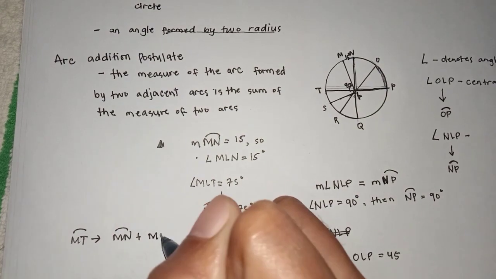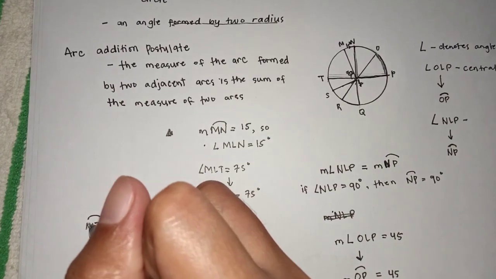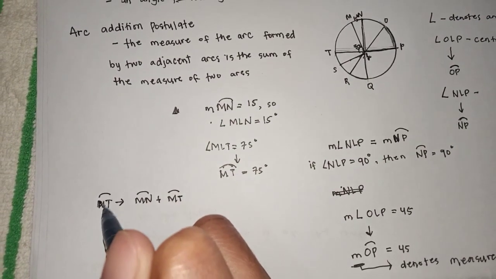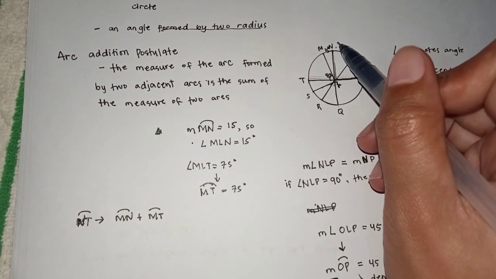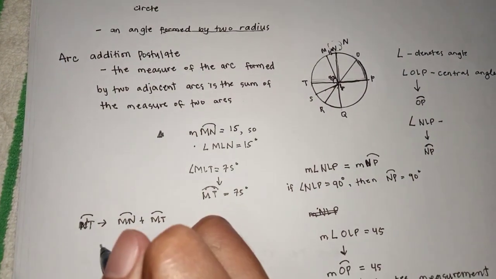Okay, TN. So the measure of arc MN plus the arc TN will be the measure of the arc NT or TN. TN and NT is the same. So 15 plus 75 is 90.